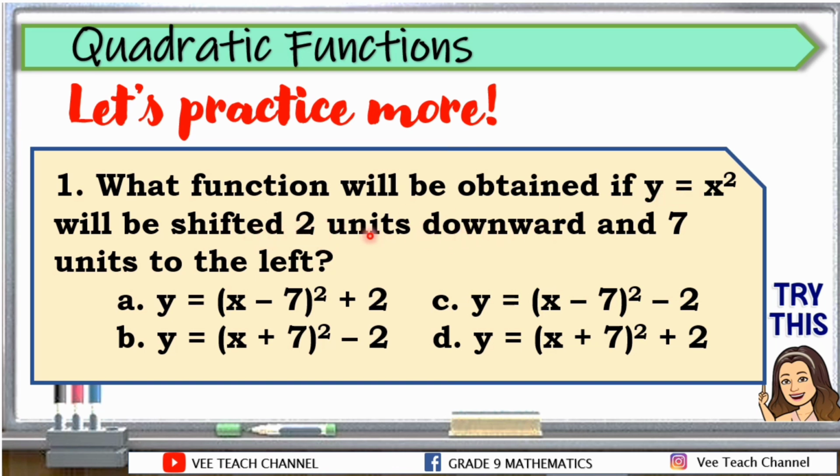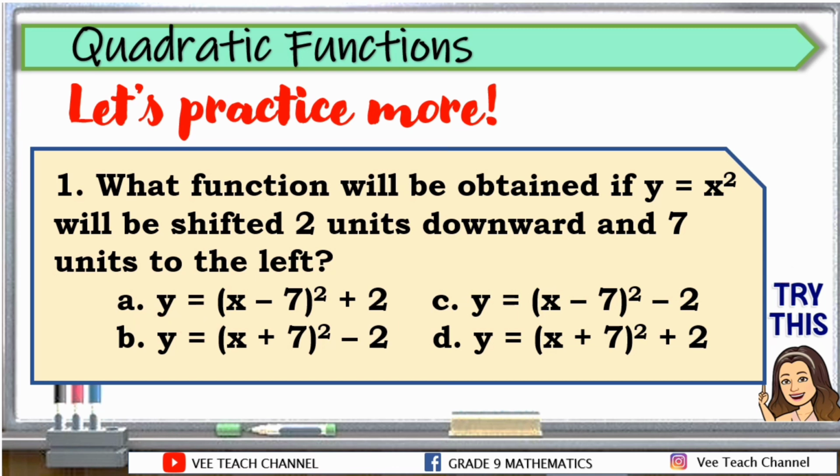Ang clue natin is 2 units downward. Tapos, ang movement naman ng h natin is 7 units to the left. What is the correct equation for our quadratic function? What is your answer?